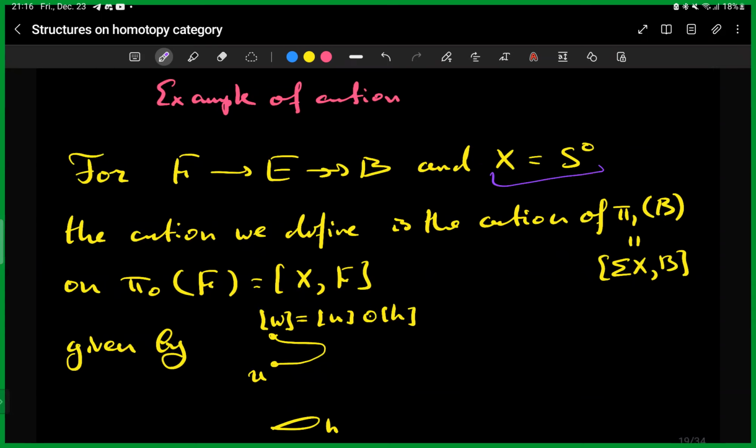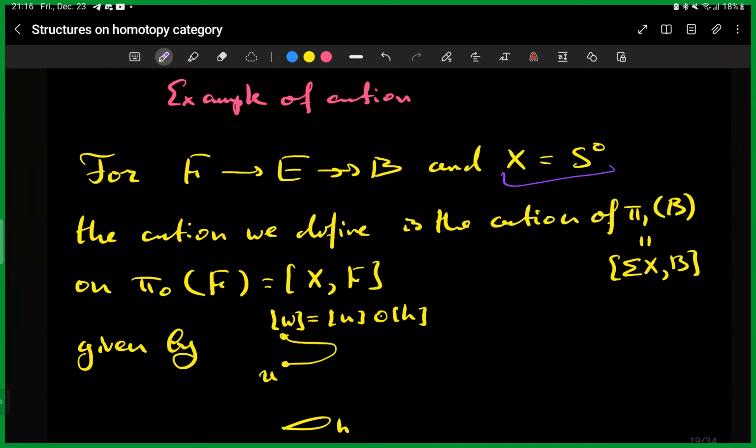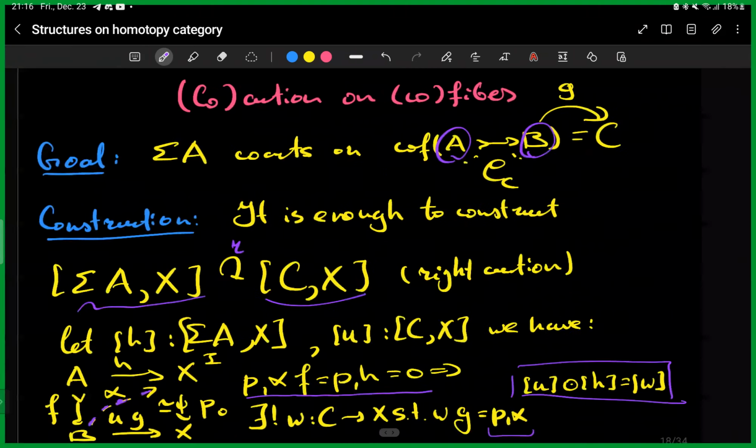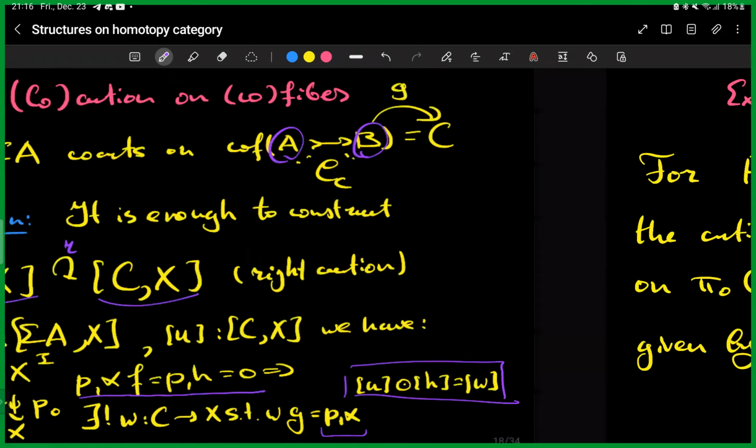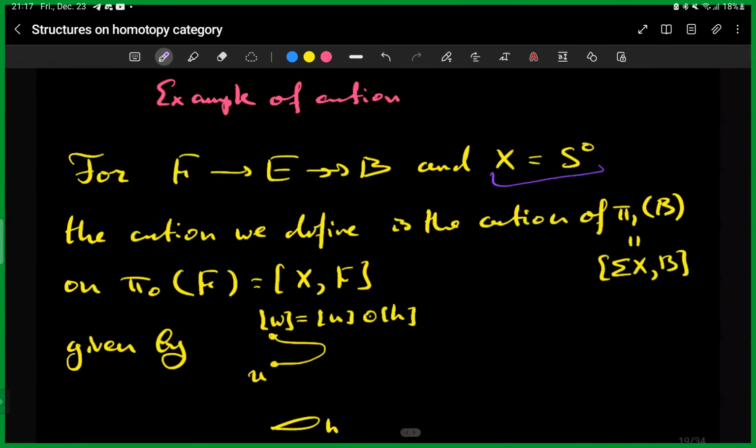Then the action we defined before, well, the dual action. So here we defined coaction, and here we should use the action of the loop space. So the action that we have is actually the action of pi1 of the base, which is the homotopy classes of maps from the suspension of S0, so from S1 to B.